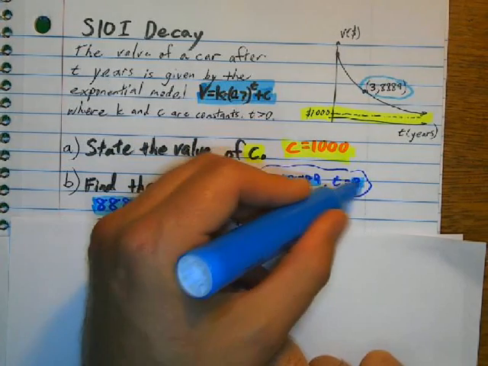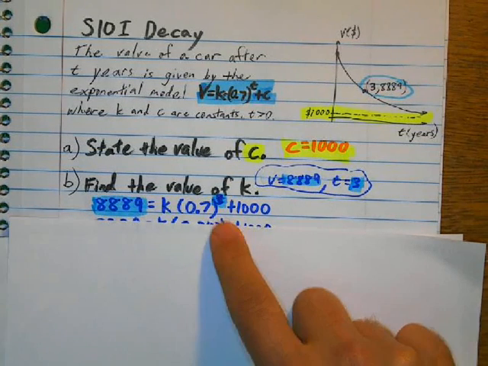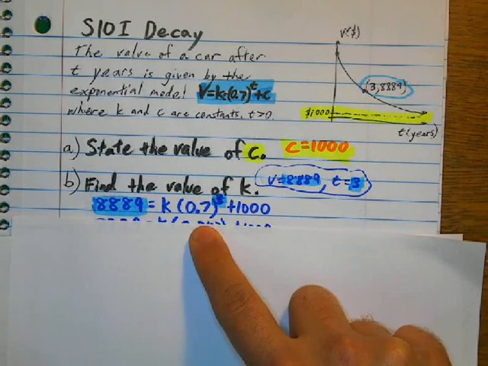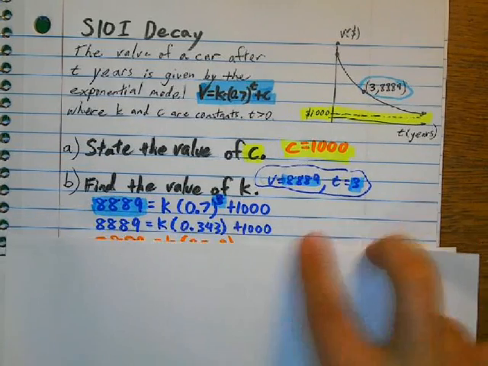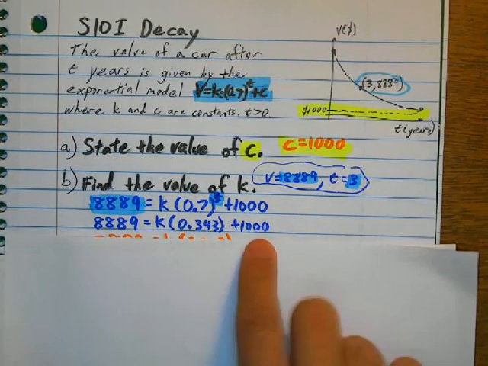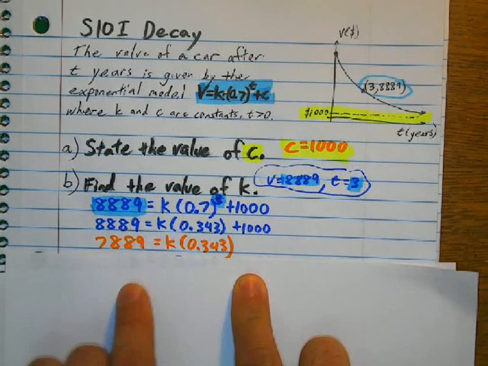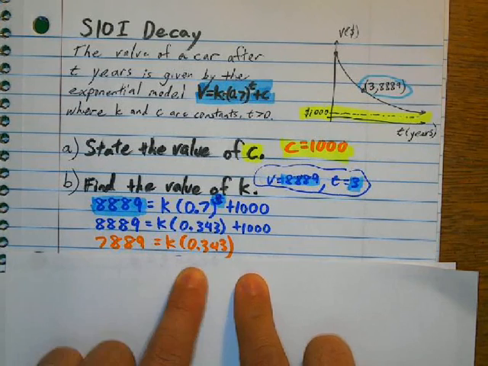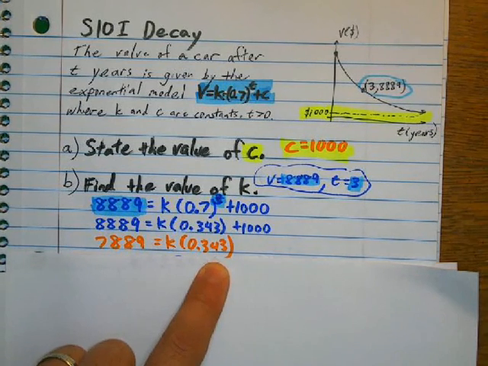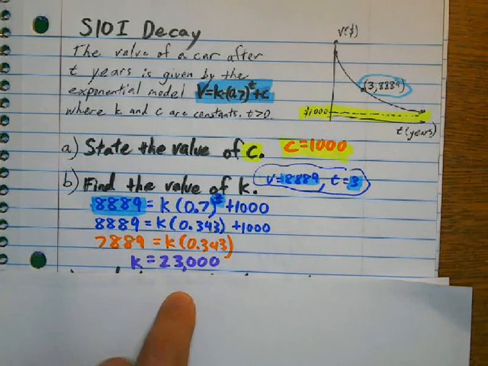First thing, 0.7 to the power of 3 is going to give me this decimal. Then the next step is I'm going to subtract 1,000 on both sides, and then I get this. And then the final step is I divide both sides by 0.343, and then I'm going to get this value for k. Okay. So now I've got the values for k and c.